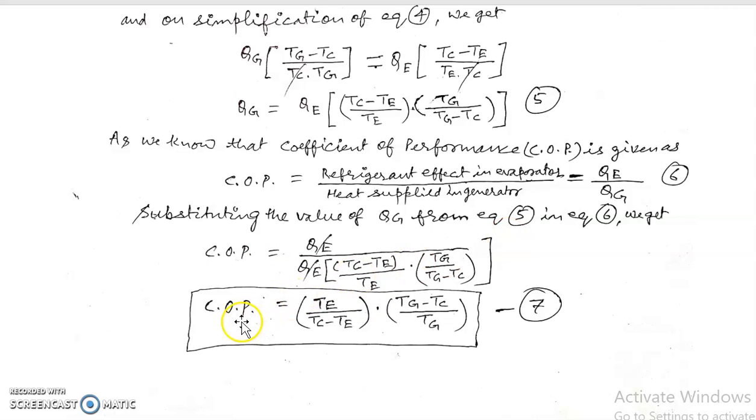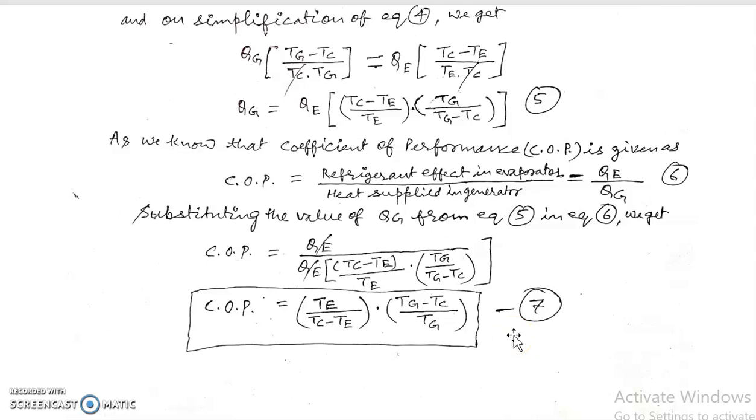So COP becomes a product of two terms, and these terms are TE over (TC minus TE) and (TG minus TC) over TG. And we all know that TE is the temperature of the evaporator, TC the temperature of the condenser, and TG the temperature of the generator. So if we know all the temperatures, then we can calculate the coefficient of performance of a vapor absorption refrigeration system.